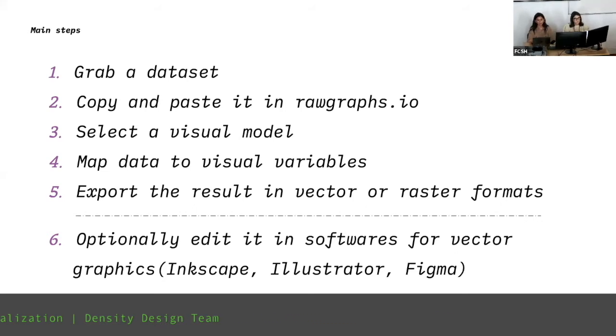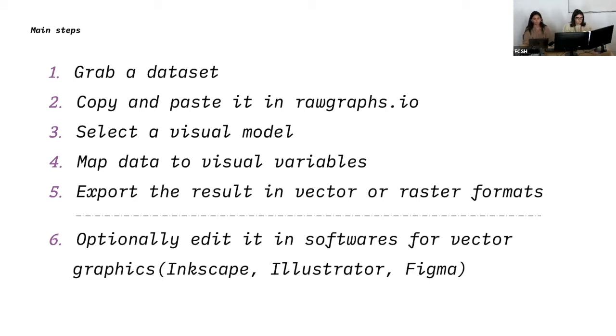And then you can start exploring your data through the visualization models by mapping the data dimensions on the so-called visual variables, that are mapping functions that are exposed in the visual model.